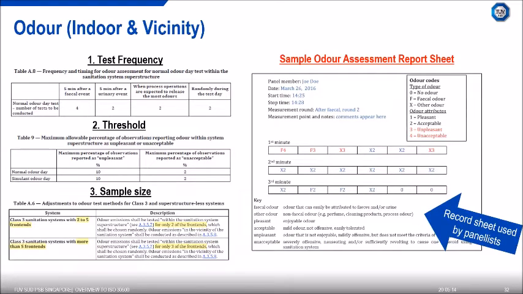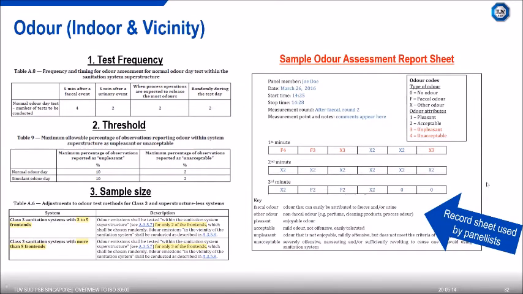For a typical odor test day, there'll be 10 events. 4 for fecal, as you can see in number 1 here. 2 for urinal. 2 for events when the odor is released the most, or assumed to release the most, and then 2 randomly. So at the end of the test, the results have to be tabulated and meet the minimum threshold given in table 9 of part 2 here.